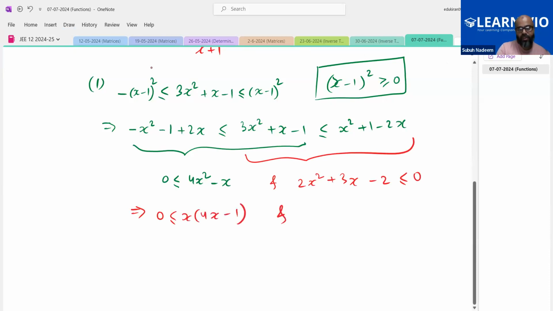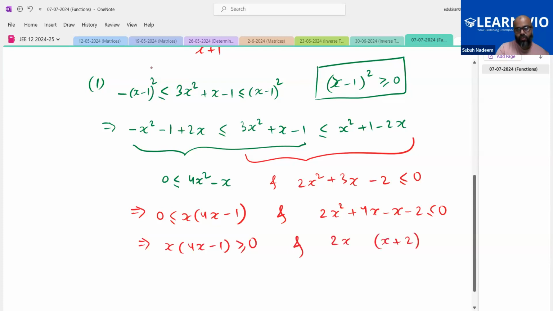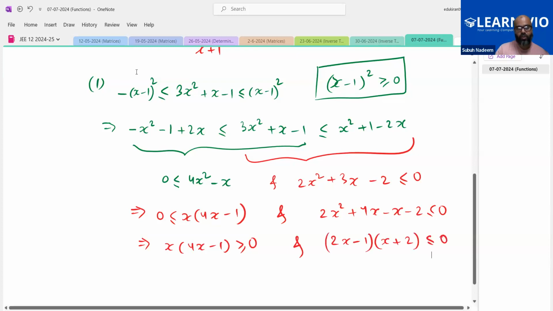And from here, 2x square plus 4x minus x minus 2 less than equal to 0. Middle term splitting we are doing here. So this is x into 4x minus 1 greater than equal to 0. And this is 2x into x plus 2, and this is minus 1, is less than equal to 0.